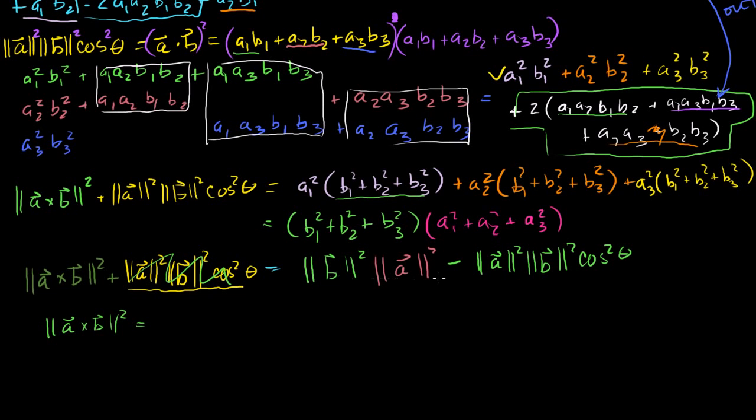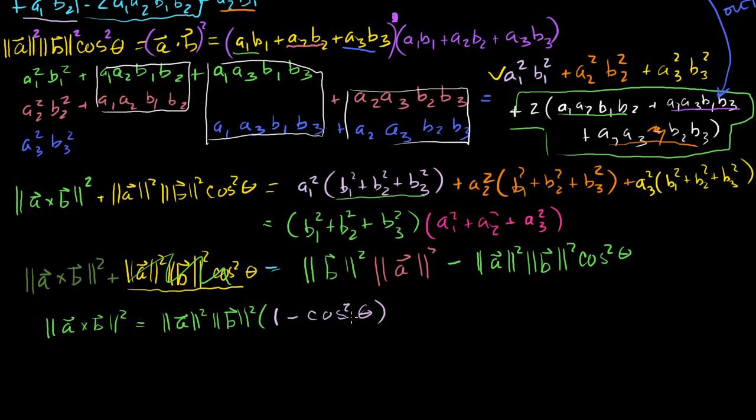And we can factor out the lengths of the two vectors squared, I'm just switching the order. So this is equal to the length of a squared times the length of b squared times, and this is exciting, when you factor this out, you just get 1 minus cosine squared of theta.